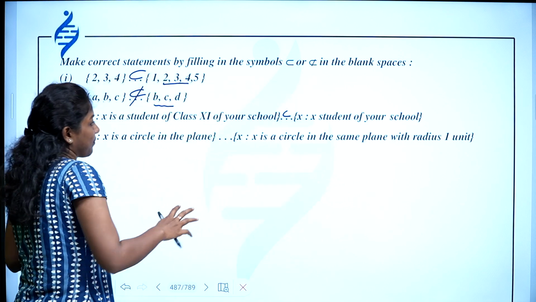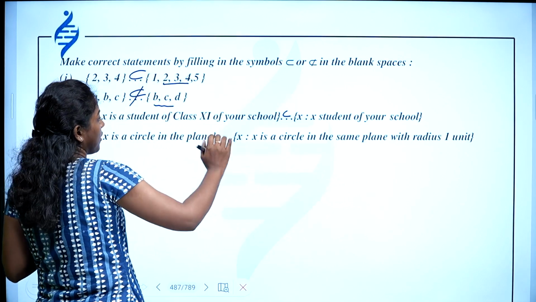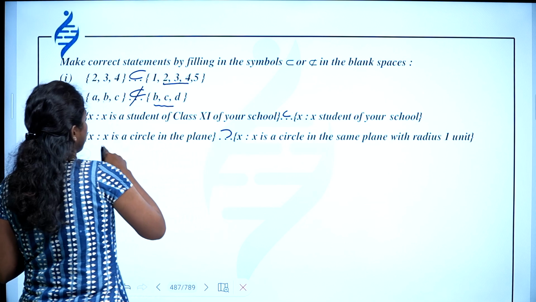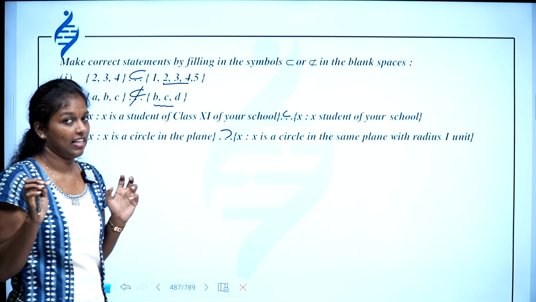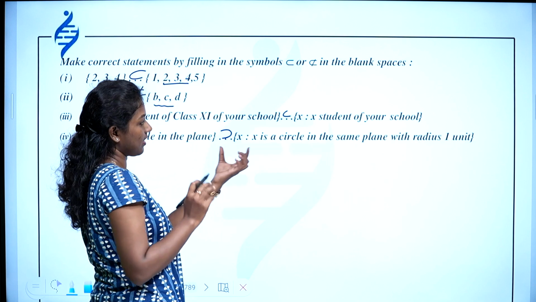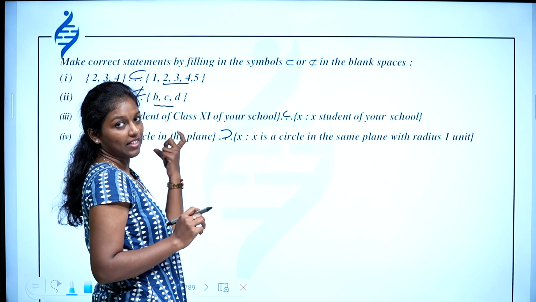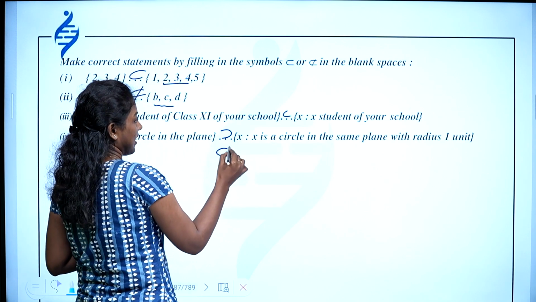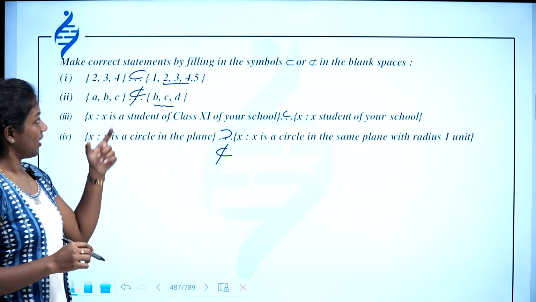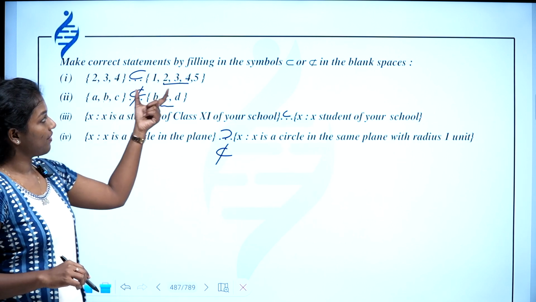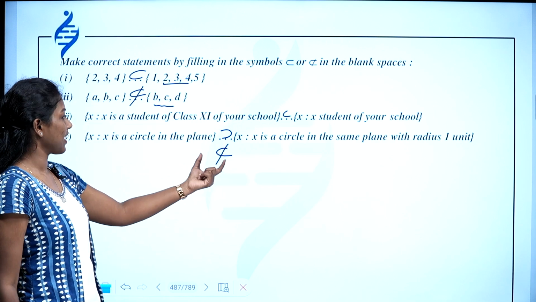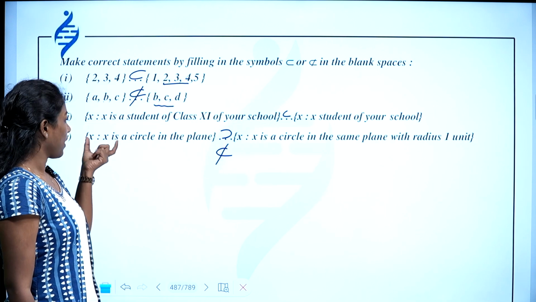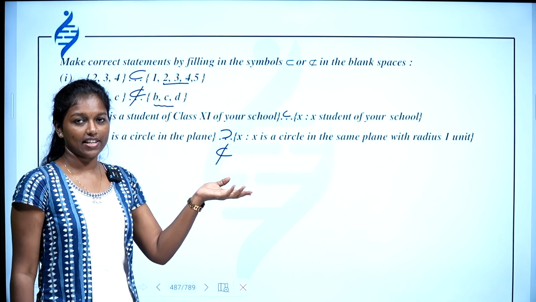So we can say the circles of radius 1 unit are a subset of the set of circles in the plane. Since this one is the subset of this one, you can write it like this also, because they asked us to fill with the symbols subset of or not subset of. So you can write it like this one, because our first set is not the subset of the second one.